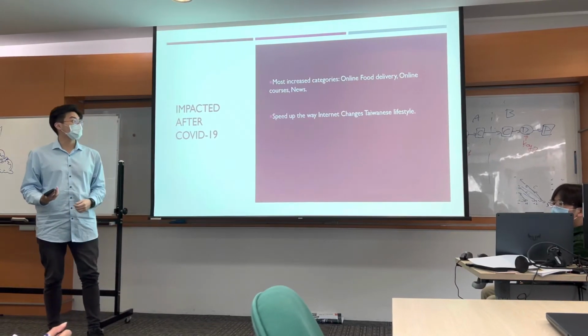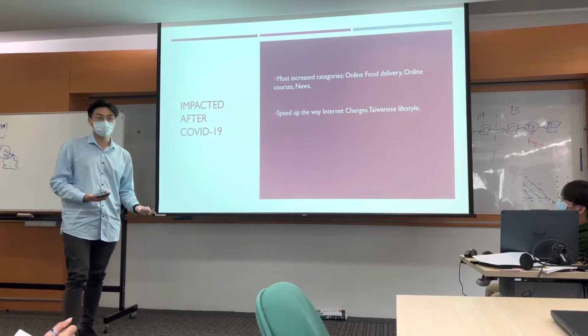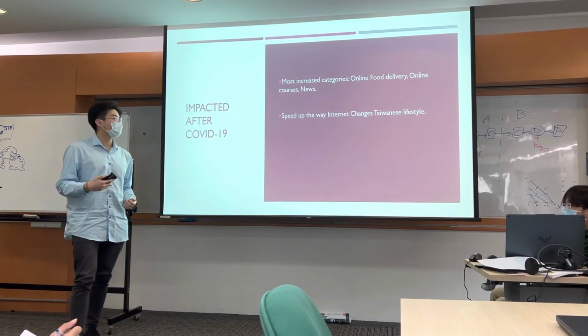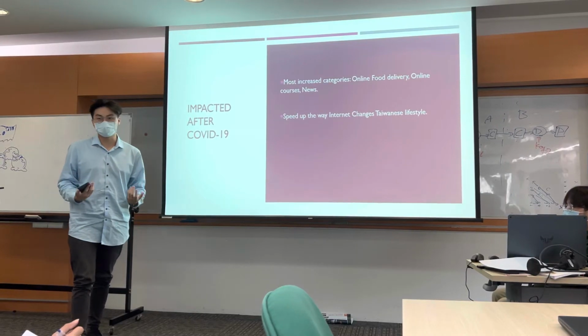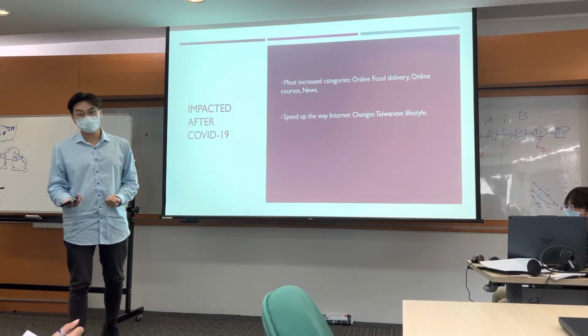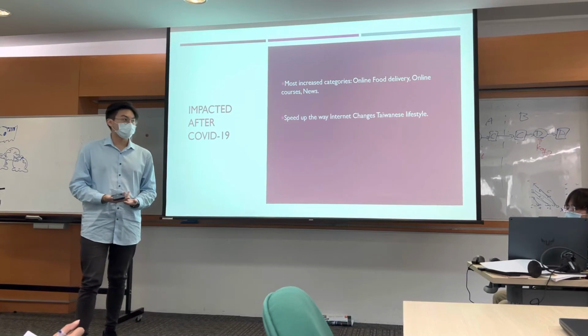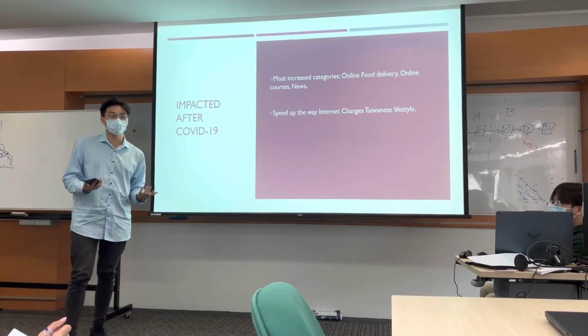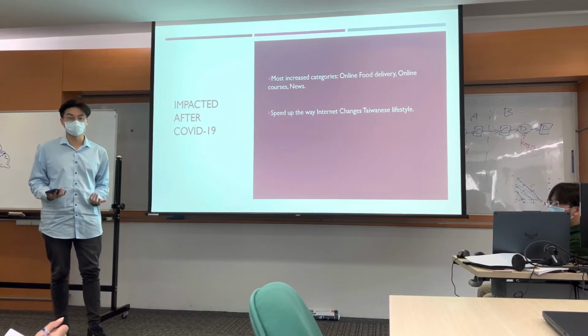First of all, online food delivery. I believe in recent years, people in Taiwan feel very obviously about it. We often use Uber Eats or Food Panda, and some very large fast food restaurants even have their own food delivery systems.